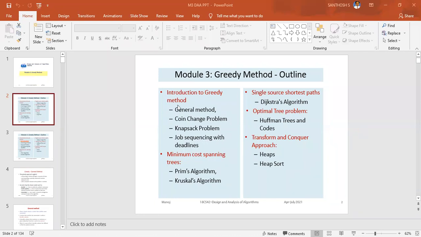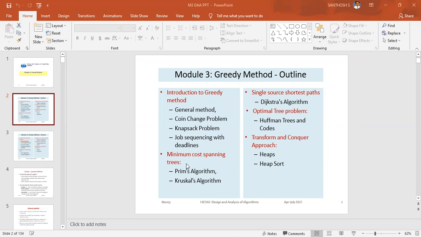So these are the 4 topics you get under greedy method. The general method is the first concept. Then come the applications where the greedy method is used. First problem is coin change, second knapsack, third job sequencing.